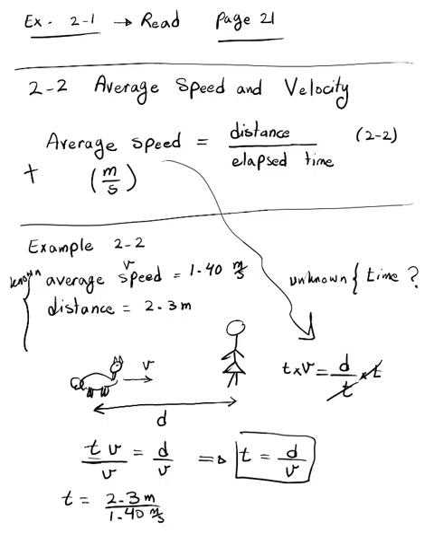If you use your calculator, then 2.3 divided by 1.4 will give you 1.6. See how the meters cancel and the second comes up, and as we were expecting, the unit of time is seconds. So the answer is t equals 1.6 seconds. Now, this is exactly how I want you to solve the problems when it comes to your homework.